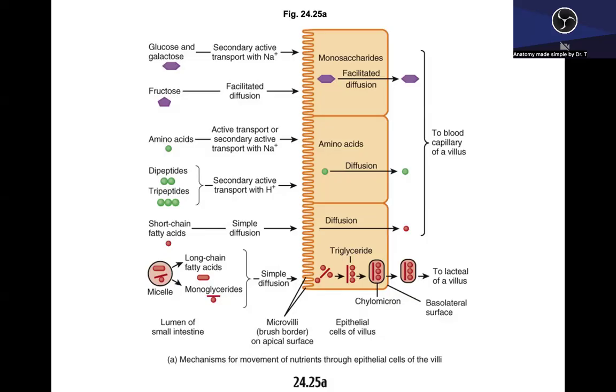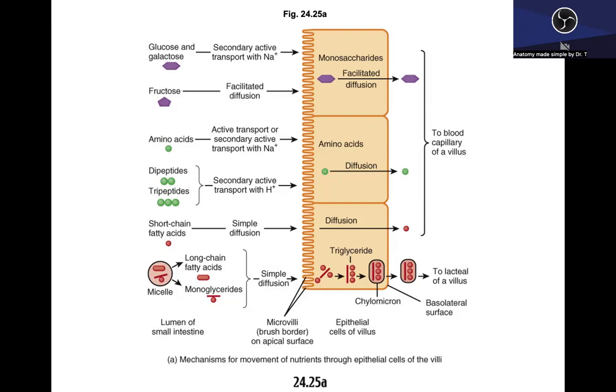Because as we know, cellular membrane of pretty much all living cells is a phospholipid bilayer, so fatty acids are pretty much hydrophobic as much as the cellular membrane is, so they blend nicely together, and that's why simple diffusion is marked here for short chain fatty acids. They diffuse into cell, but they also diffuse out of the cell, but this time they could go further out.